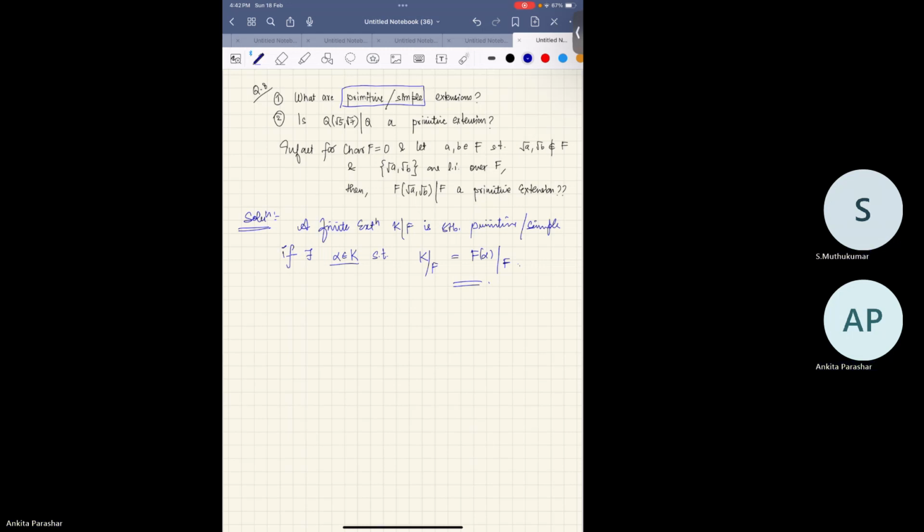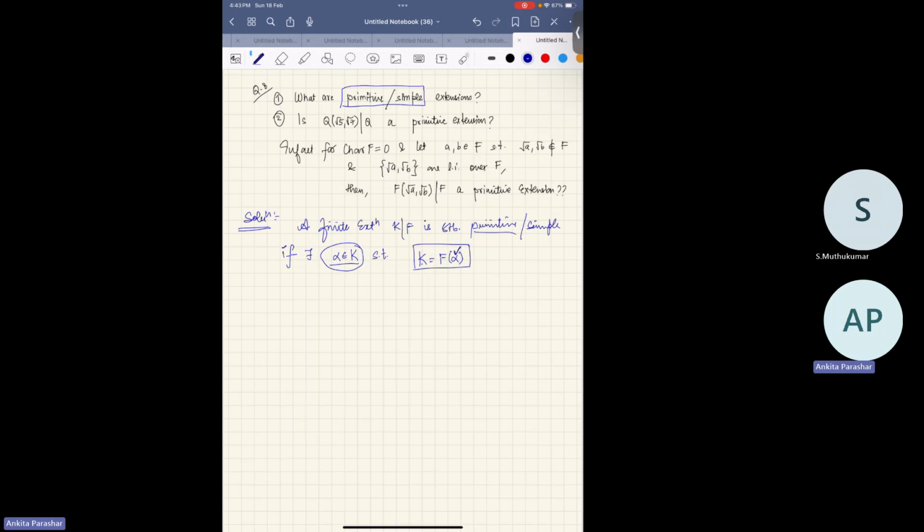So a finite extension is primitive if a single element can generate your extension. Do you understand? Yes. So only a single element is enough to generate your whole extension K.